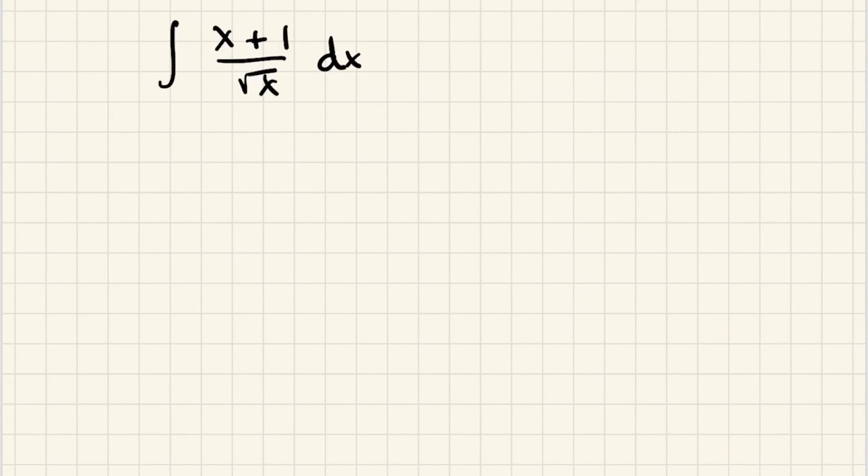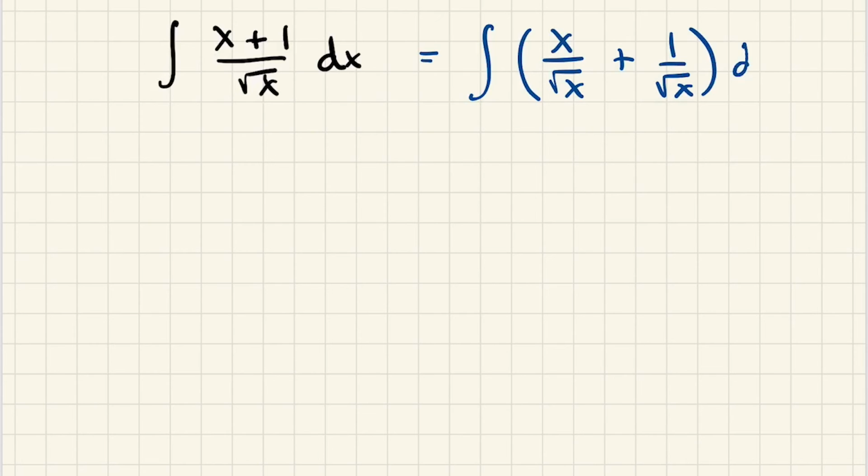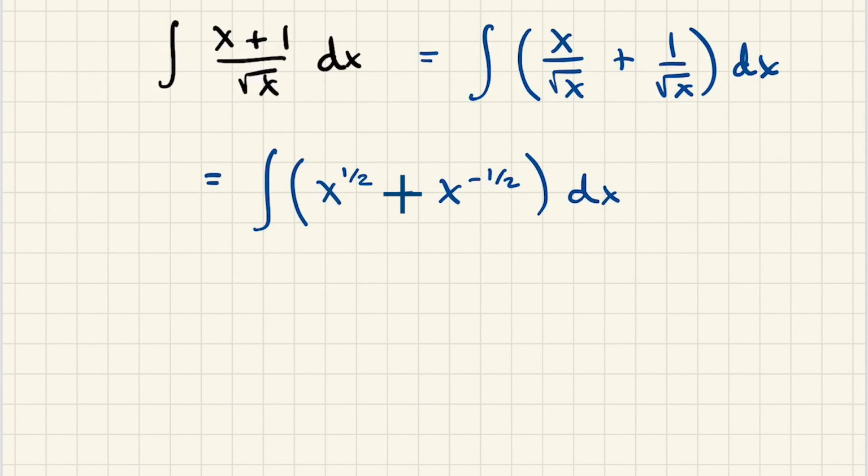So for this one, we can just do some basic manipulation and say, well, this is like x over rad x plus 1 over rad x, right? And each of those pieces simplifies. So we have x to the 1/2 plus x to the negative 1/2. I'm writing them with the fractional exponent because it's easy to use the power rule at that point.